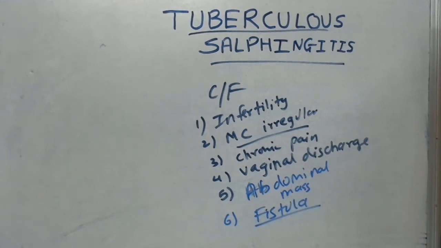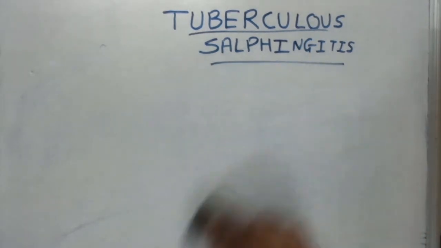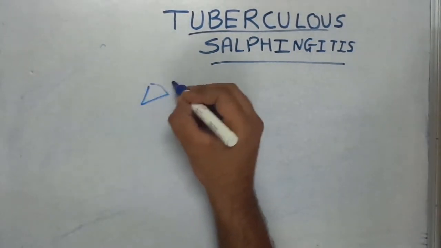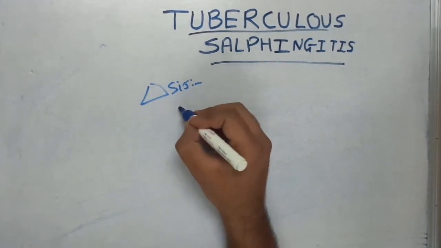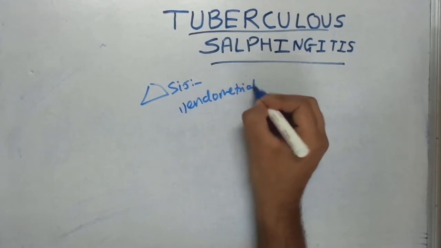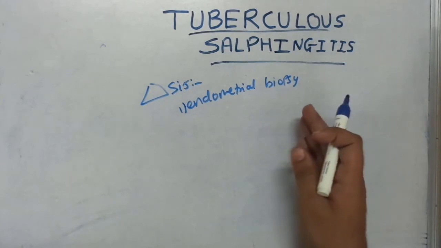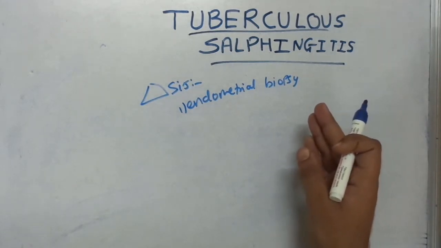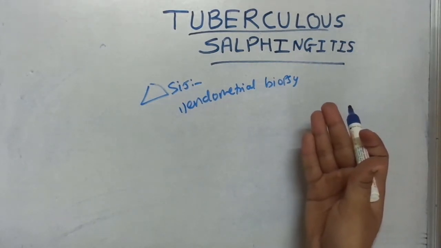Now moving on to the diagnosis part of tuberculous salpingitis. In diagnosis, we have endometrial biopsy, and we can perform certain tests on this biopsy tissue, such as ZN staining or others.